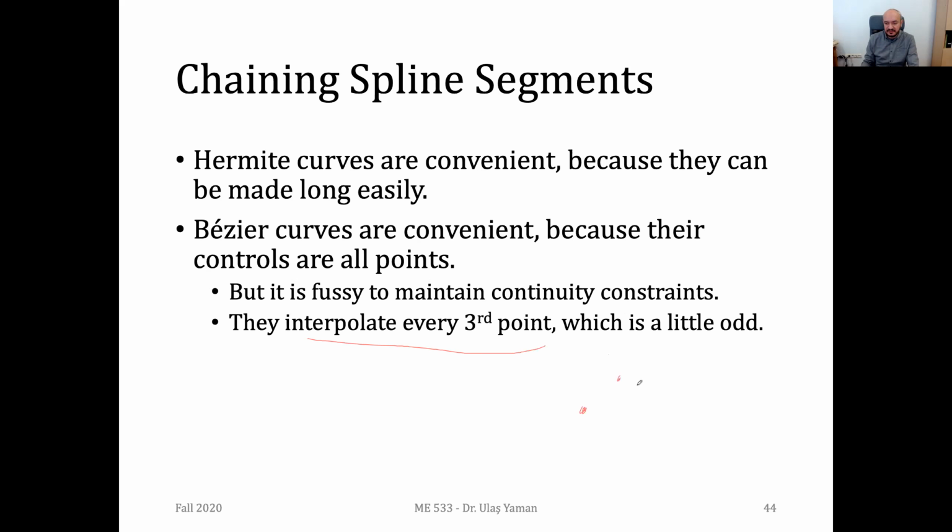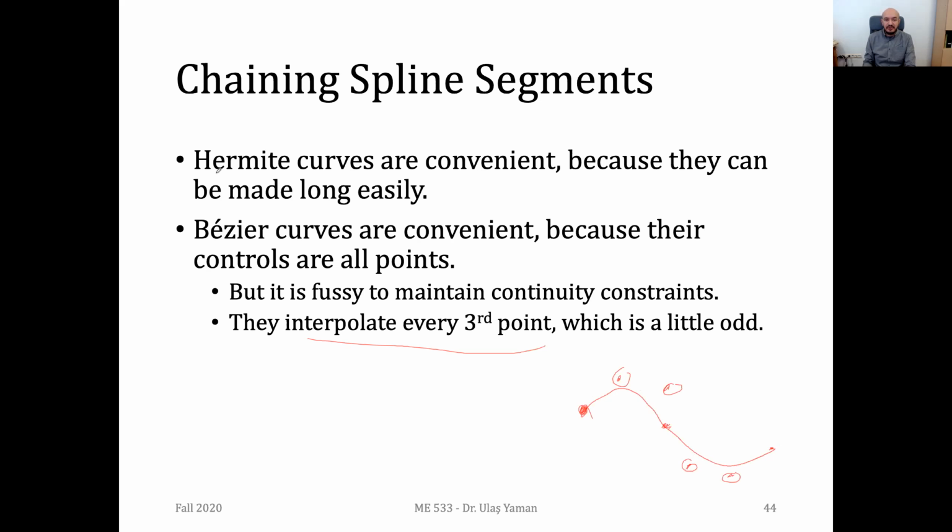Let's show it here. See, this is the first Bezier part, and this is the second Bezier segment. As you see, it's interpolating every third point, but it's approximating these interior regions. It's not going through them.